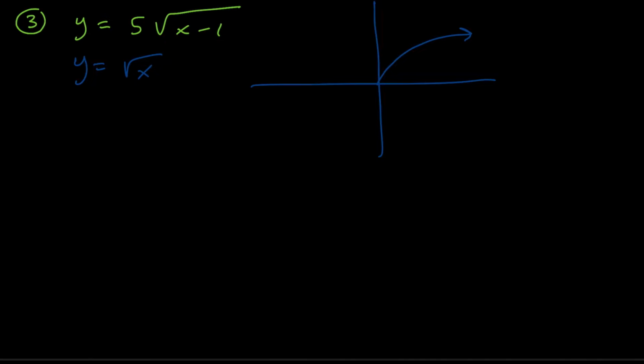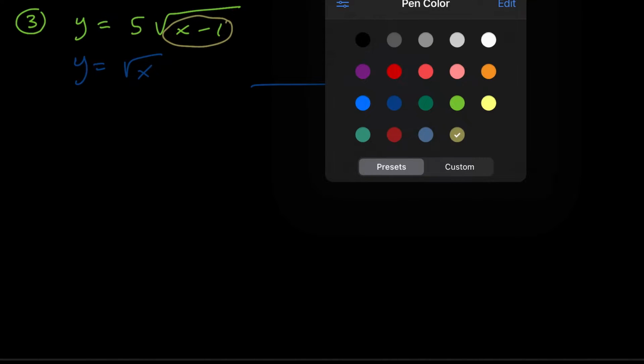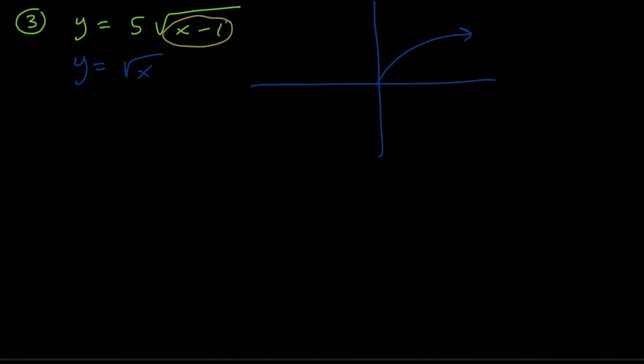But now remember how we were talking about order of transformations. We've got a couple things going on here. I like to start from the inside and work my way out. That's how I like to think about it. So what I'm going to do here is say, okay, the x minus 1, that's grouped with the x. When it's grouped with the x like that, it's going to shift the graph in the x direction, left and right, right?